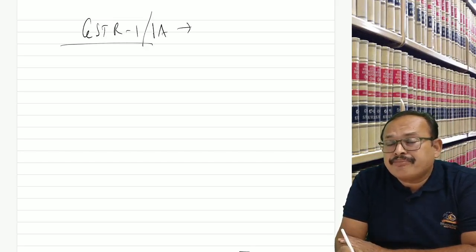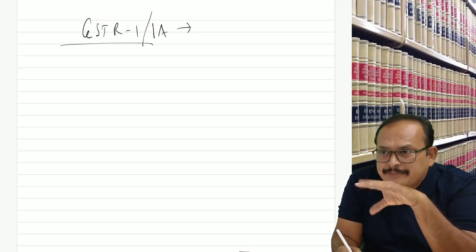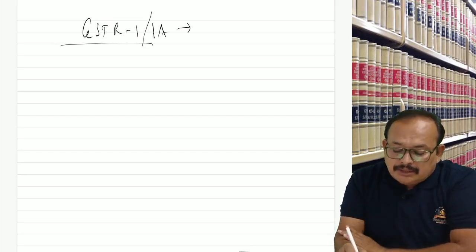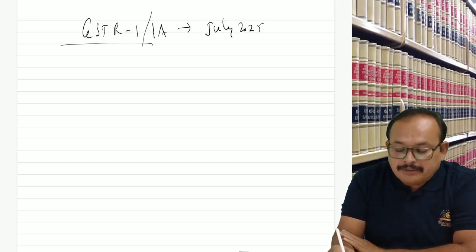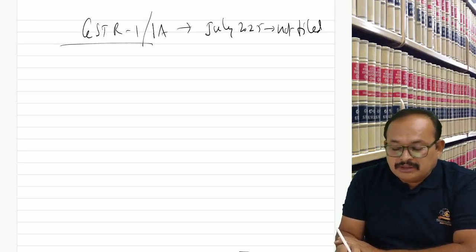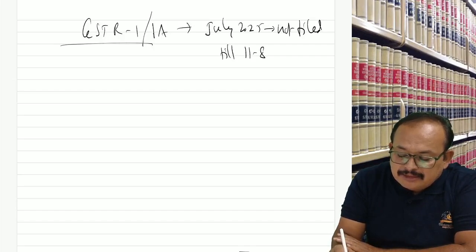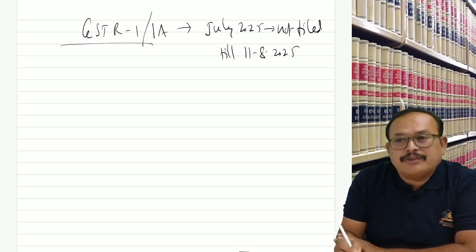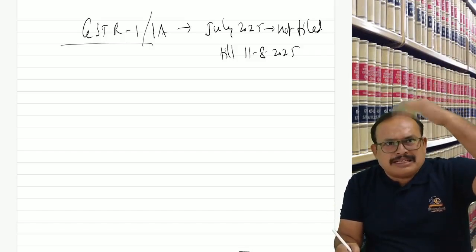Here, outward liability for the month of July 25 is not filed till, let us say, 11th August 25. Not filed. The due date is not due date. QRMP is over now. QRMP concept is clear.